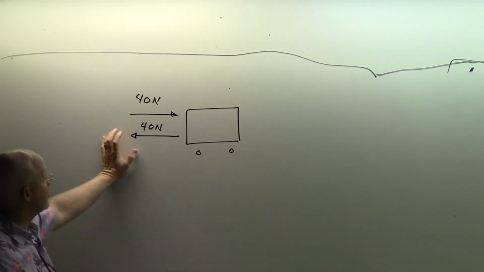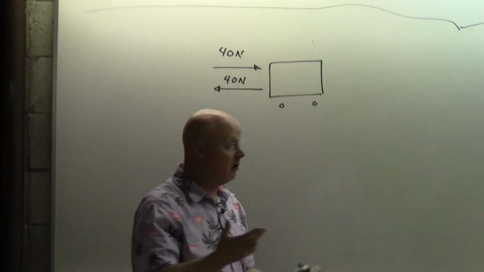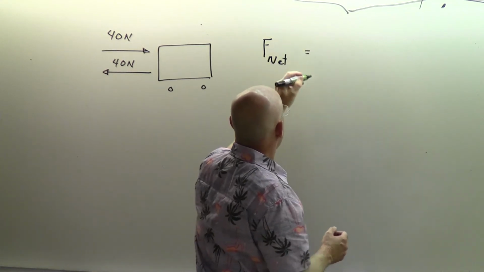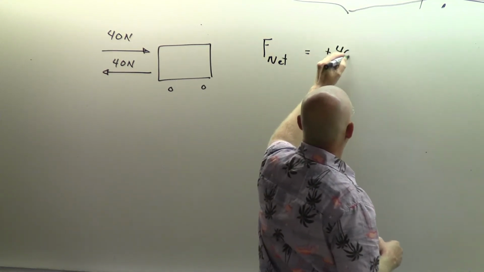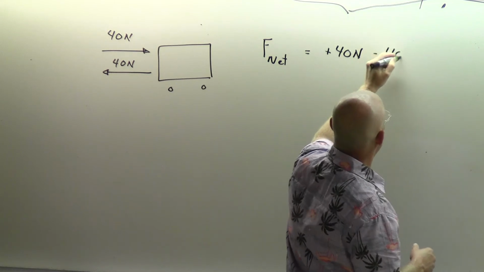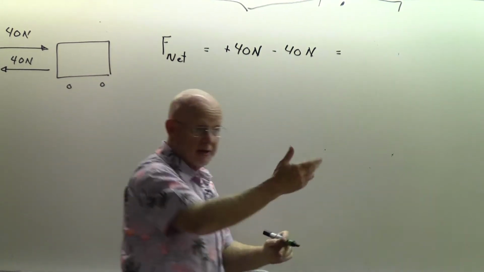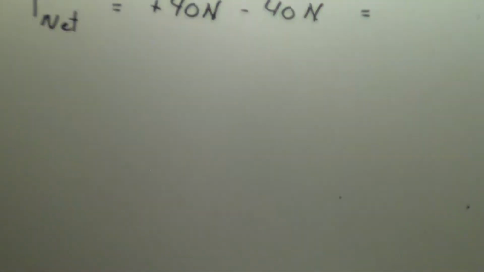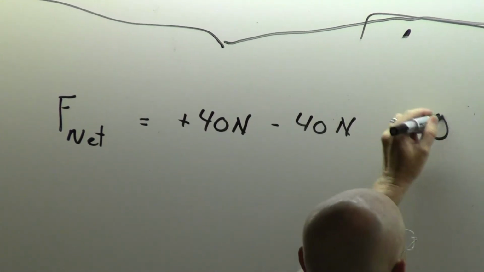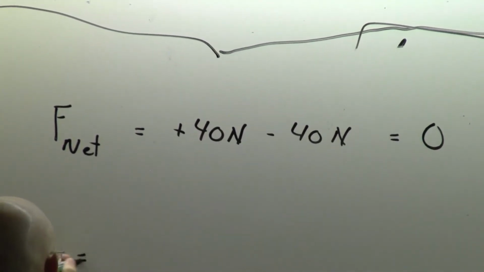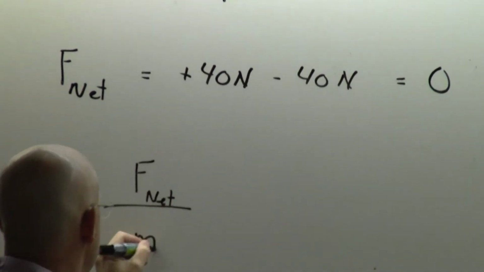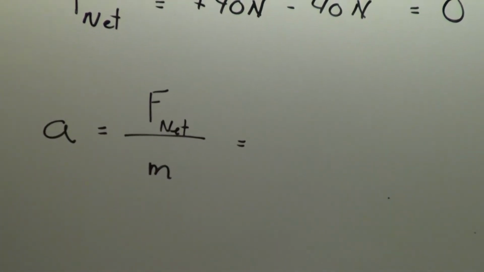And I like to do this one first because I'm hoping this is pretty obvious. Well, here's what I would do. I'd say, okay, what is the net force? Well, I guess I have a positive and a negative force. I have a positive 40 and I have a negative 40. I have a 40 to the right and a 40 to the left, and that net force is 0. And so the acceleration would be, and so let me emphasize, what goes in the numerator is net force.